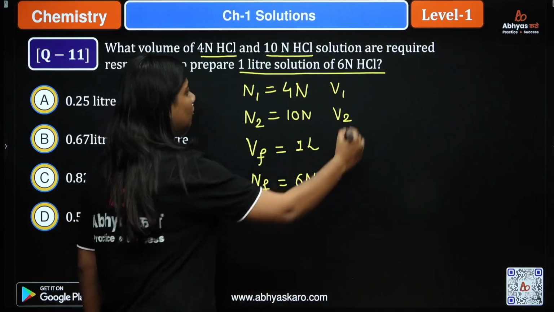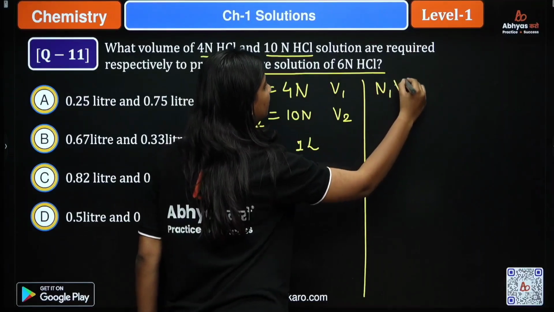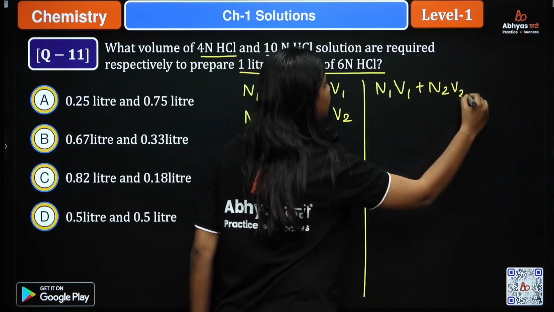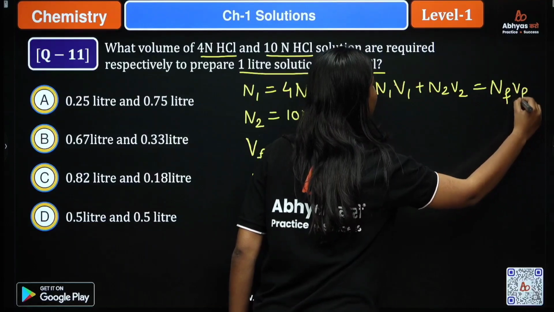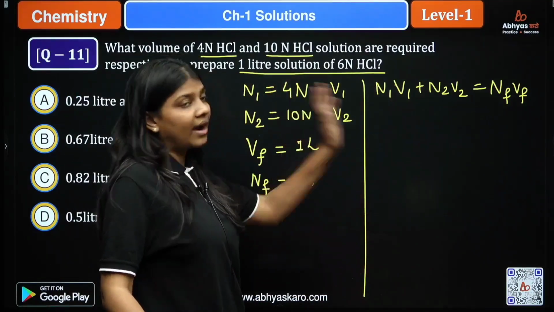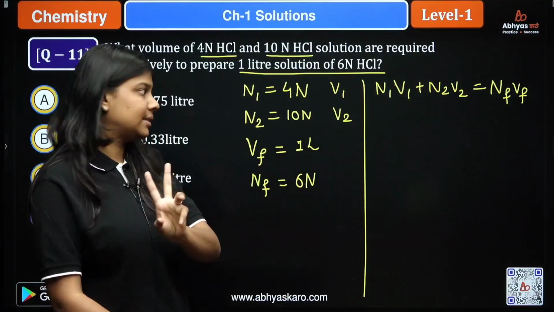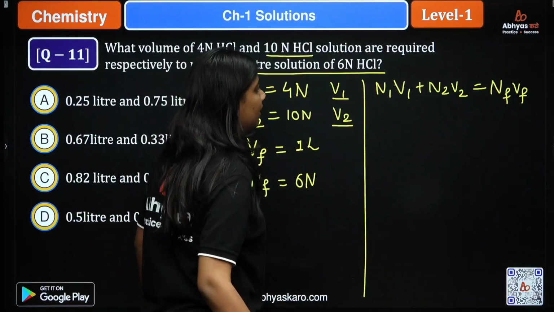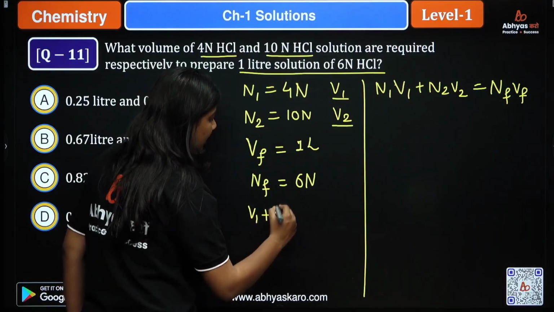So as we know that N1V1 plus N2V2 is equal to NfVf. I have written subscript f because it is the final volume after mixing these two different concentrations of HCl. Here we don't know the value of V1 and V2, so I can write V1 plus V2 is equal to Vf.